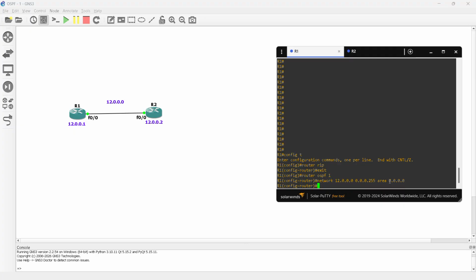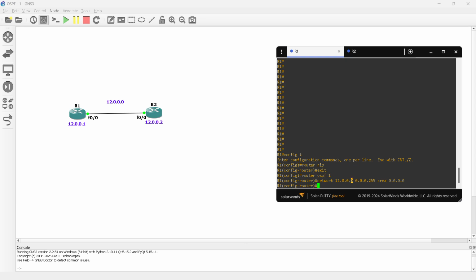Now let's understand what happened here. If I look at this IP address, let's suppose, the initial 3 bytes are for my network, and the last one is for my host part.